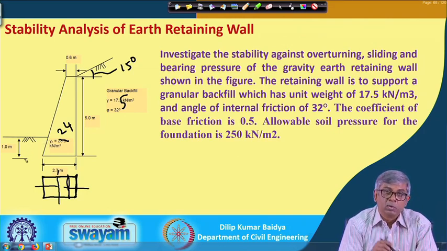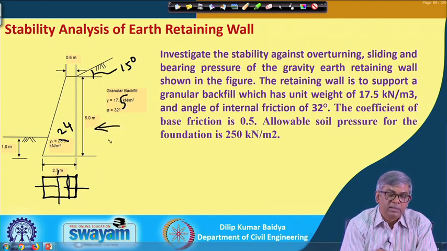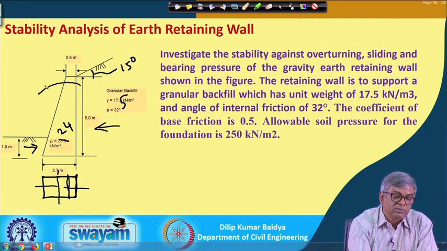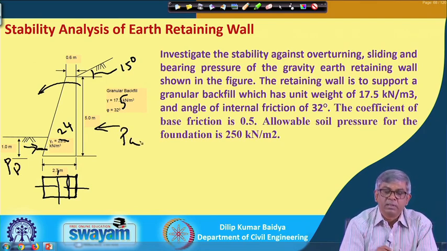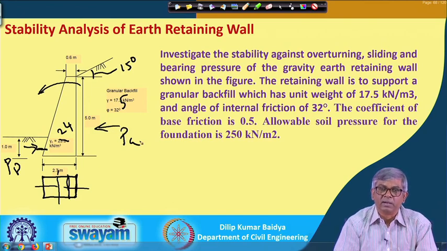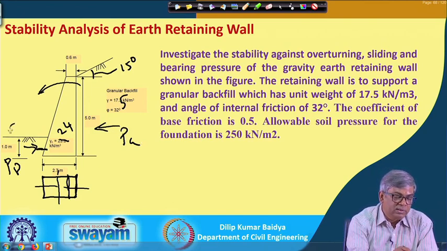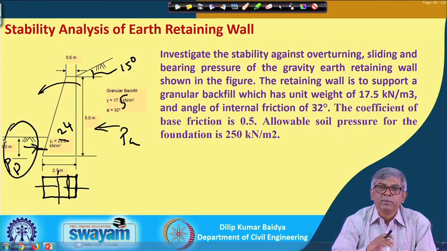So, theoretically this side there will be active pressure, and because of the weight, the wall will try to move this way. Because of this active pressure, this side the wall is pushing this side, so that means this is passive. So, this side will be Pp and this side will be Pa, but for the stability analysis purpose, this Pp force will give extra stability to the wall.